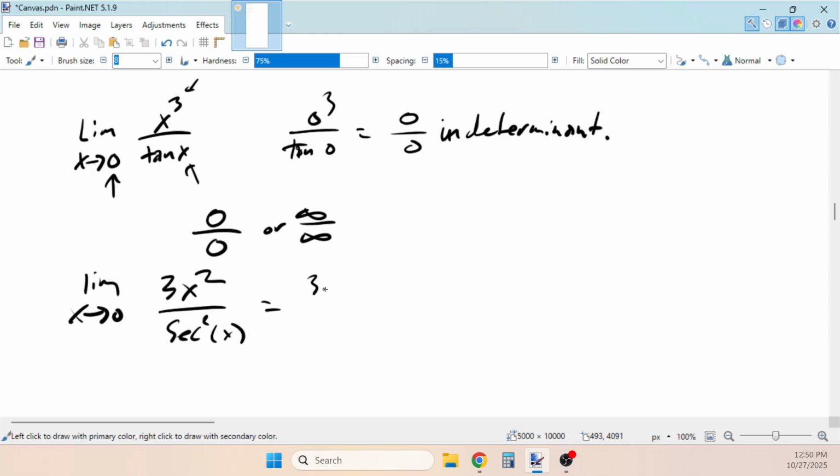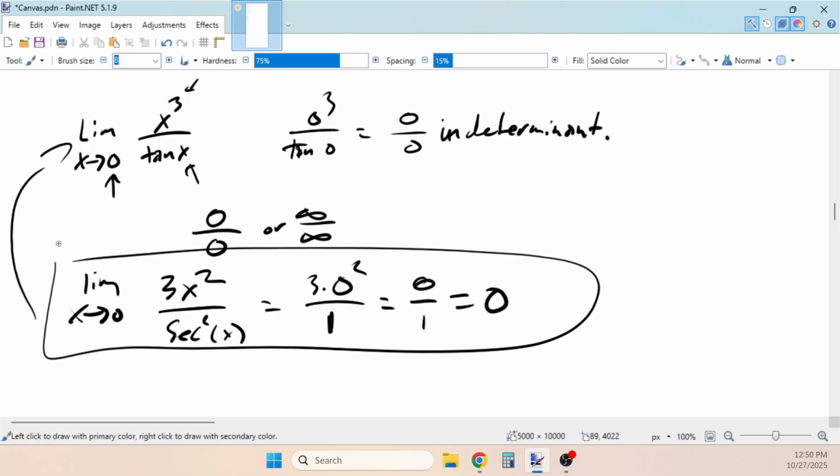What we get is 3 times 0 squared over secant of 0 squared, which is 0 over 1, which is 0. Since this limit exists, it equals that limit.